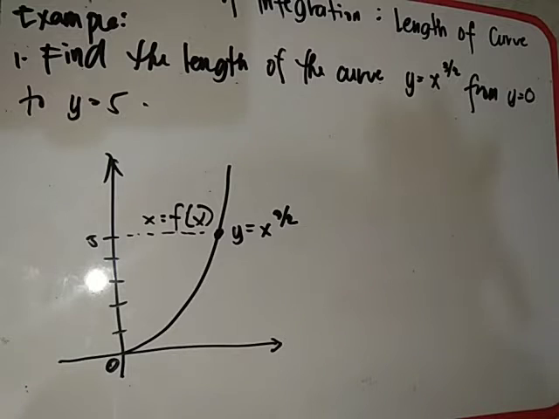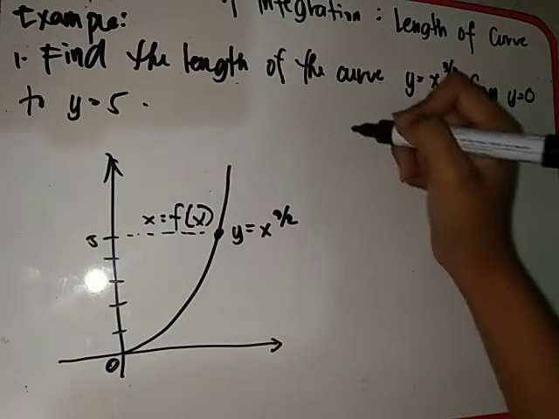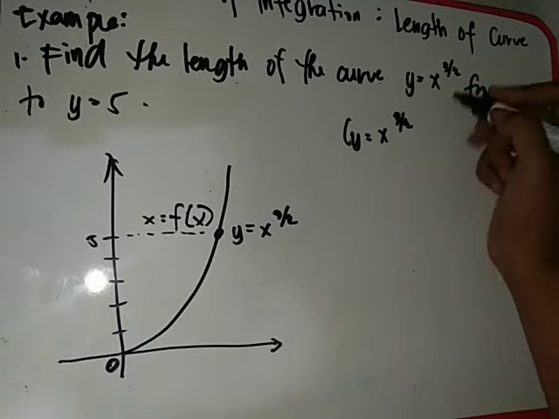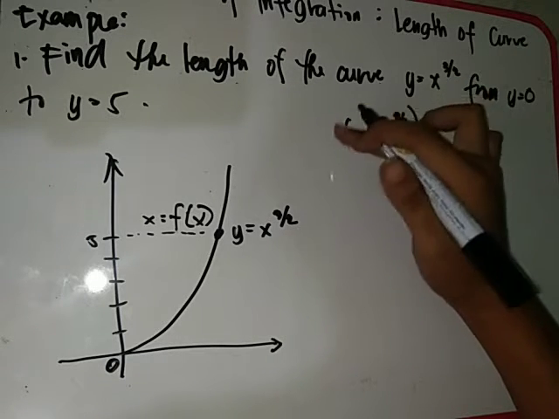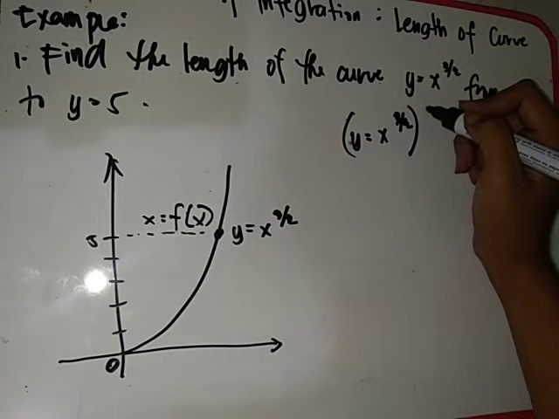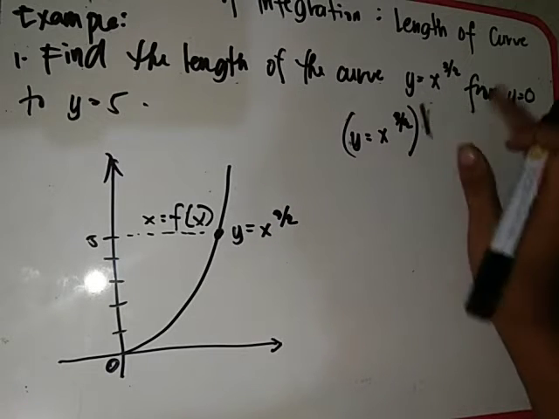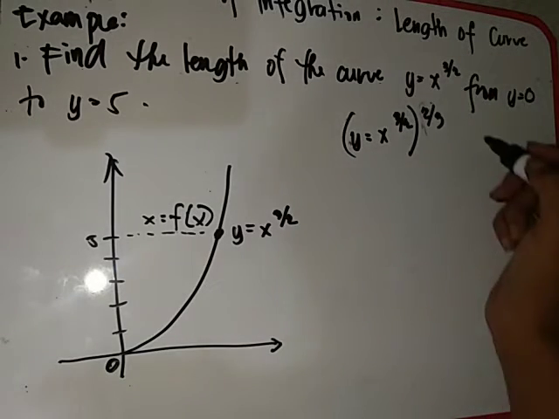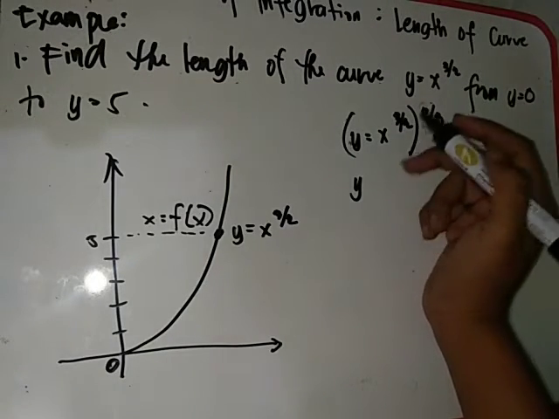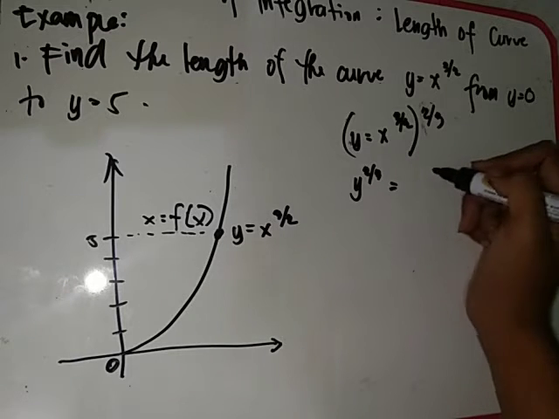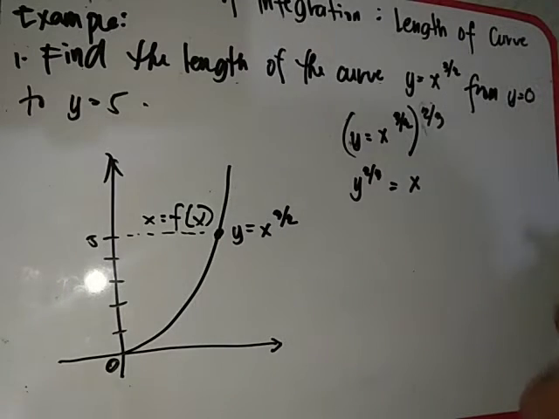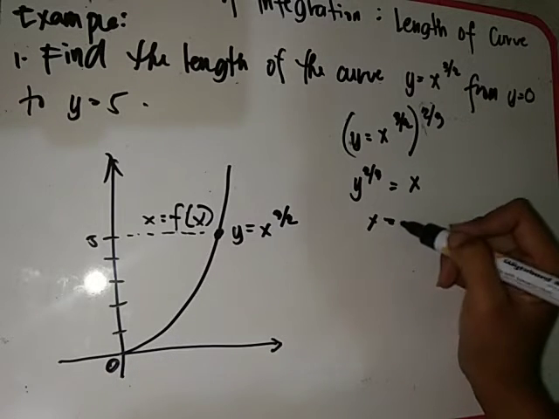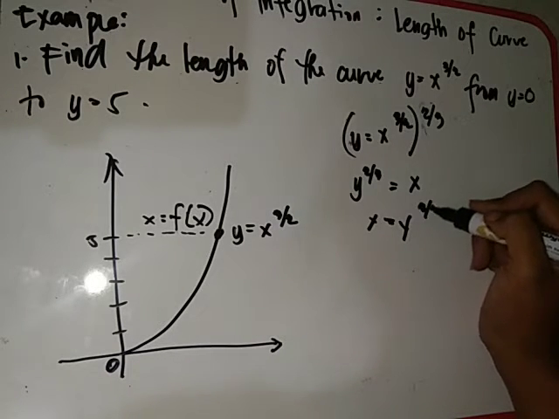So we have y is equal to x raised to 3 halves, raised to 2/3 I mean. So we have y raised to 2/3 is equal to x, and x is equal to y raised to 2/3.